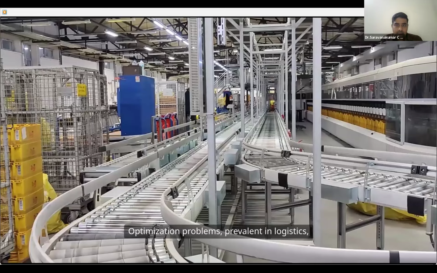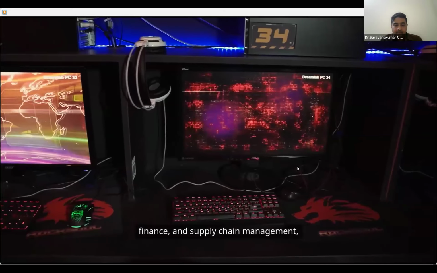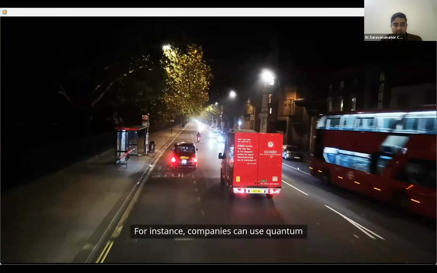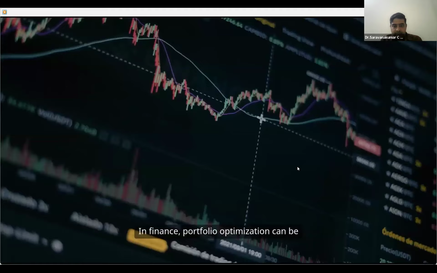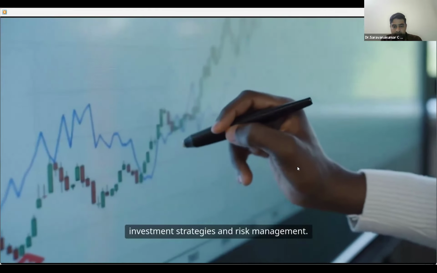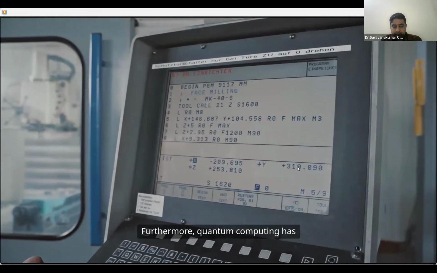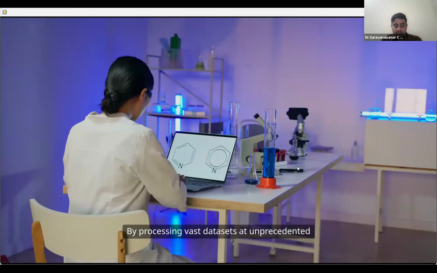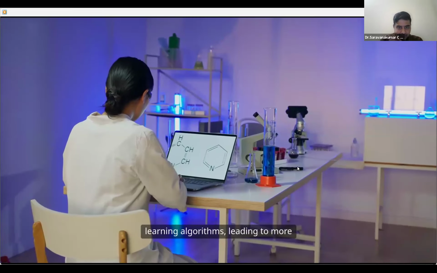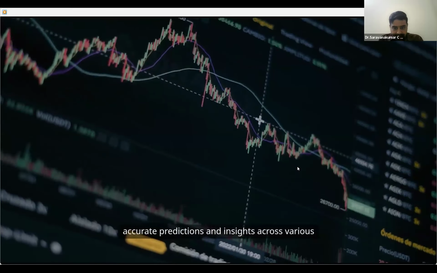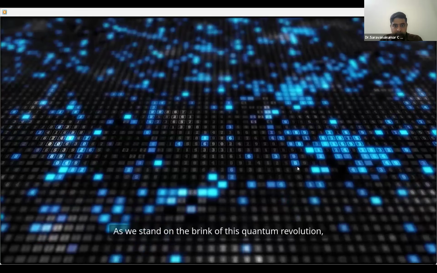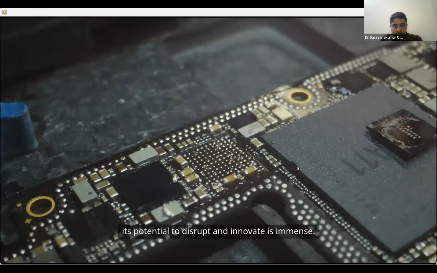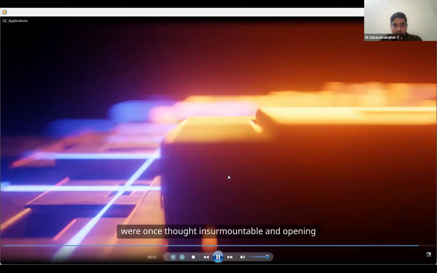Optimization, finance, and supply chain, consumption, and improving efficiency. And finance, portfolio at unprecedented speed. Quantum machines can lead across various from healthcare to see, its potential to disrupt and innovate is immense. The future promises a world where quantum can redefine solving and opening new.